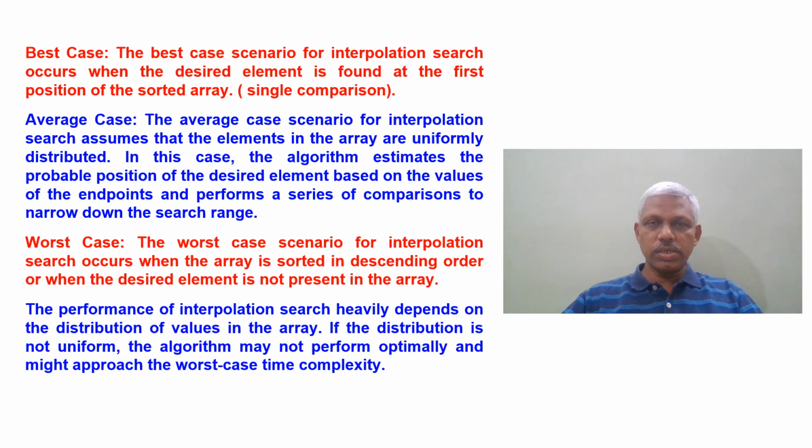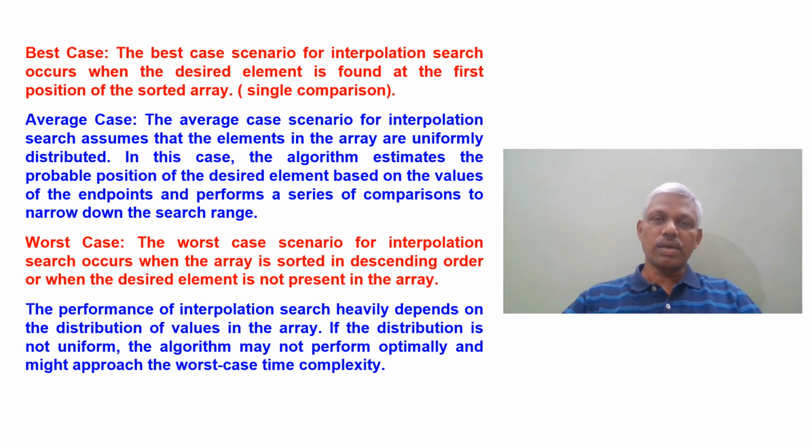And the average case depends on the way in which the elements are distributed. This being a sorted array, if the elements are evenly distributed, then the average case may occur, and the worst case is obviously when the array is in reverse order. Your requirement is to find a key, but the array is not in ascending order.